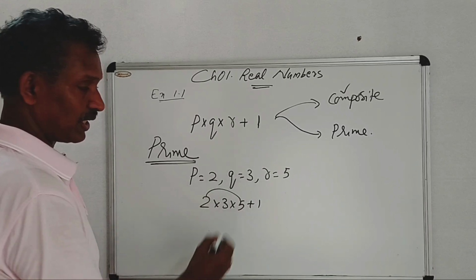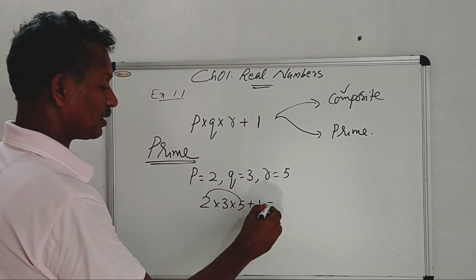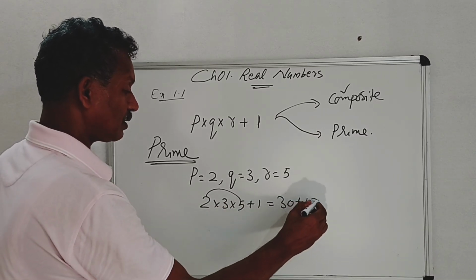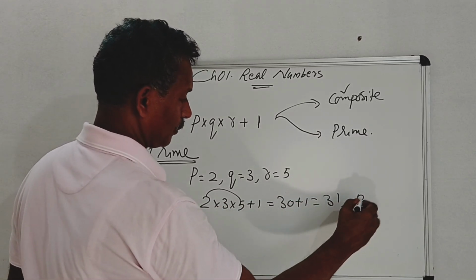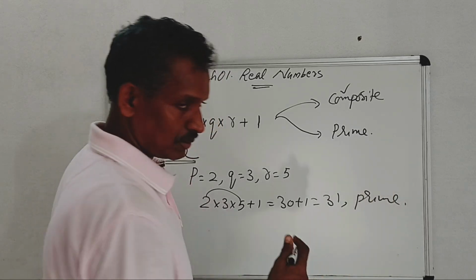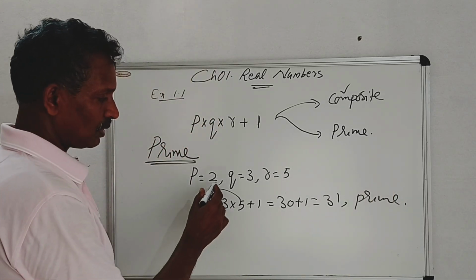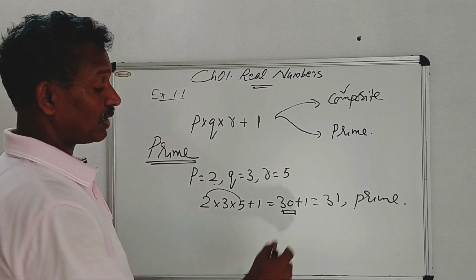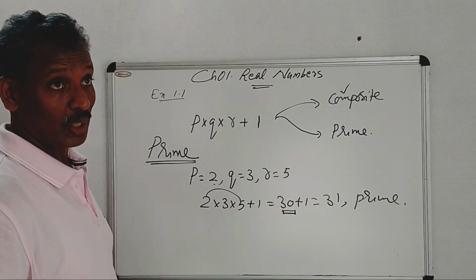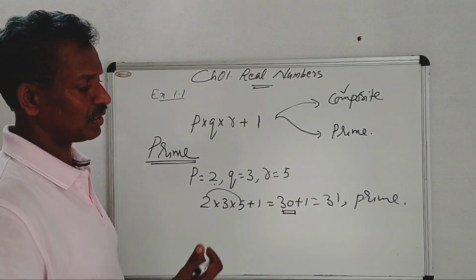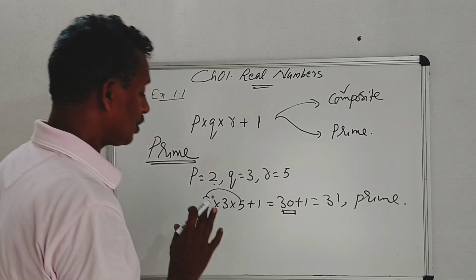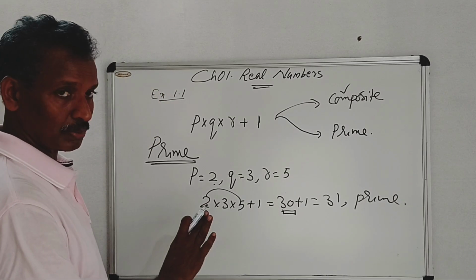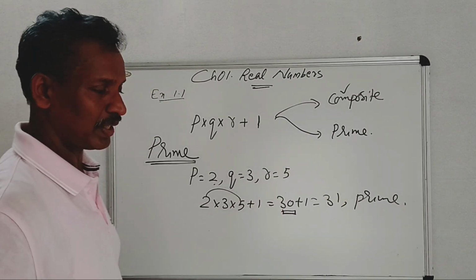It is 2 5s are 10, into 3, 30. 30 plus 1, 31, is prime. Why is it so? When 2 comes, definitely this will be an even number. When an even number is added to 1, there is a possibility that it will be prime. So if you take 2, the possibility of getting prime is higher.